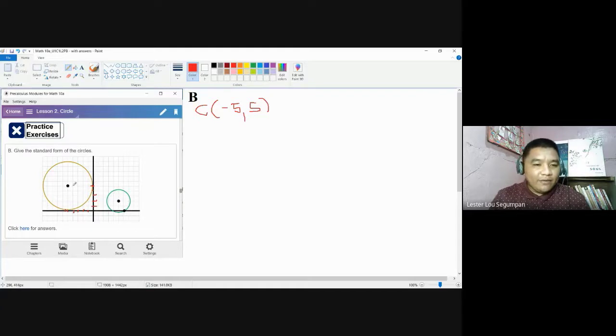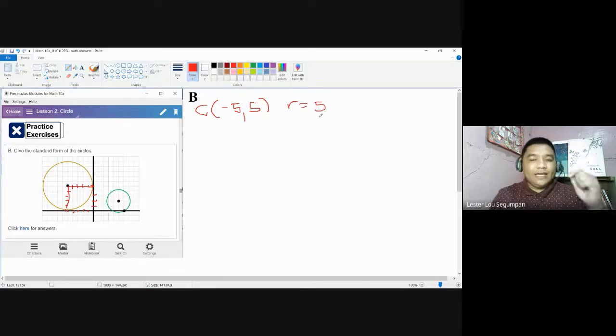Here we have 1, 2, 3, 4, 5, so the length of this radius is 5. If we go down, 1, 2, 3, 4, 5, it's also 5 here. This means that the radius is 5.